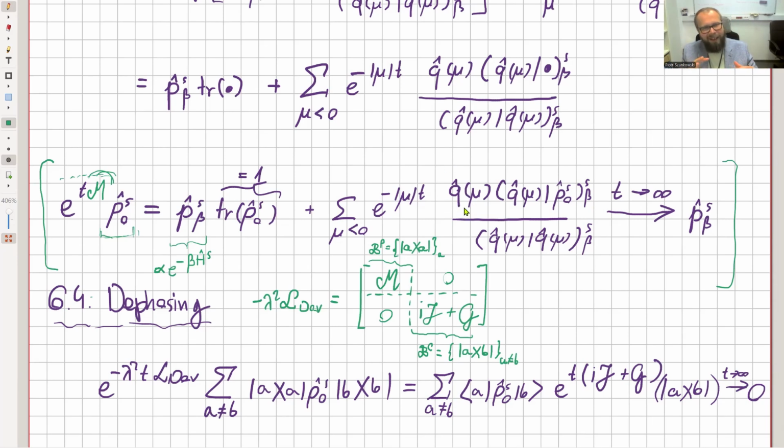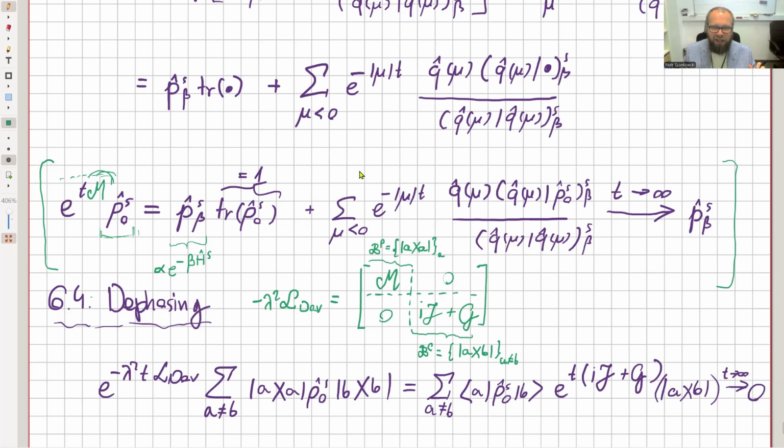Which means that you can take any initial condition, like any density matrix, and decompose it into a basis made out of eigenvectors of this superoperator M. And once you do it, you write it as this kind of superposition. The evolution is very simple: you just multiply each by e to the power of eigenvalue times t. Okay, so this is the origin of this whole formula here.